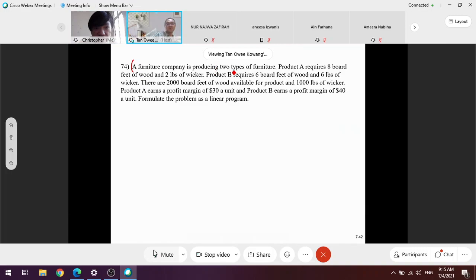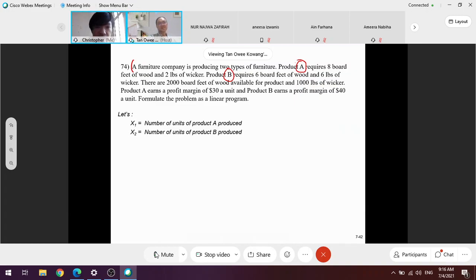This company is producing two models of furniture, product A and product B. Therefore, there are two decision variables. The solution, in fact, is in e-learning, but I hid it. So I will show it afterwards. So there are two. You're right.